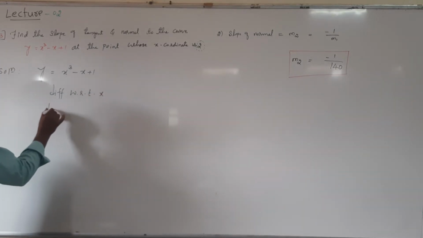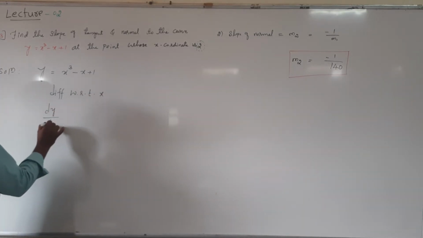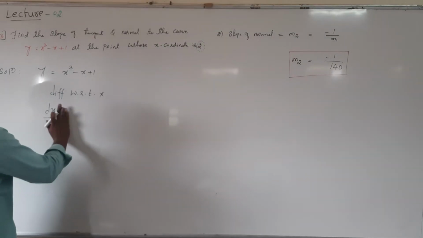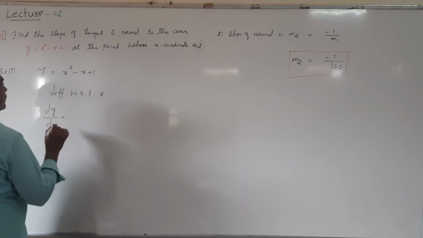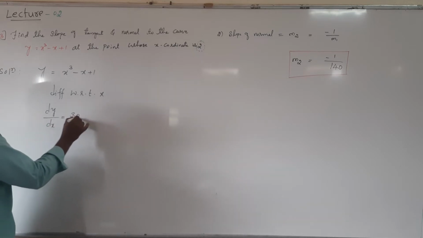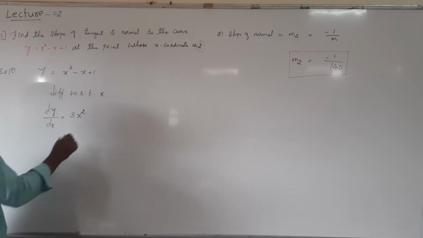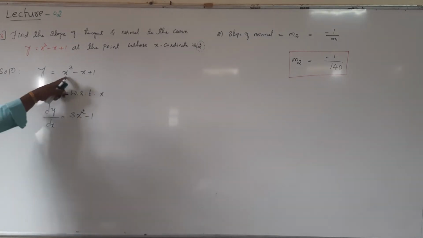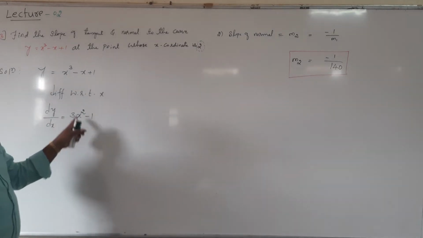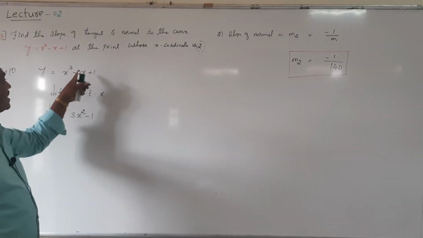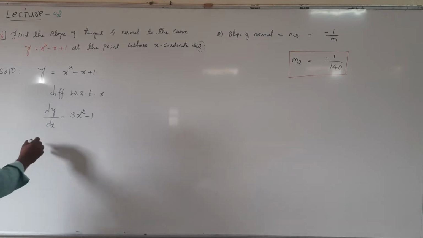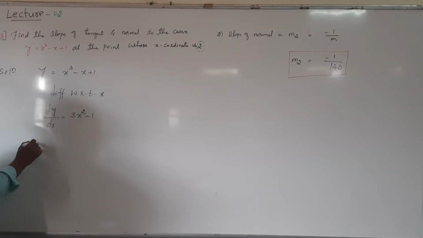On differentiating, we get dy by dx equal to 3x square minus 1. Differentiation of x cube is 3x square, minus x differentiation is 1, 1 differentiation is 0. This is dy by dx.